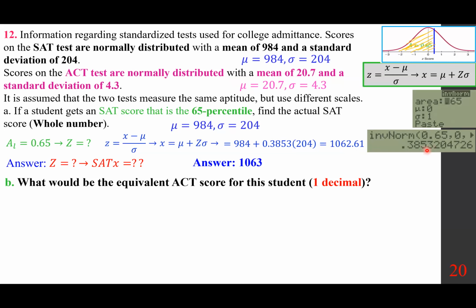We already have it, so we are going to use this Z value. Look at this formula. We need mu, Z, and sigma. We use the same Z for this part. Mu and sigma, we use for ACT because that's what they say. In both cases, the z-score is 0.3853.